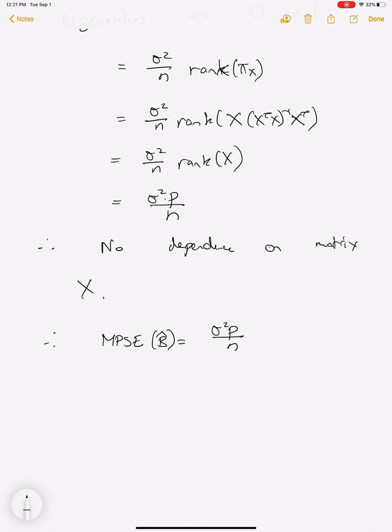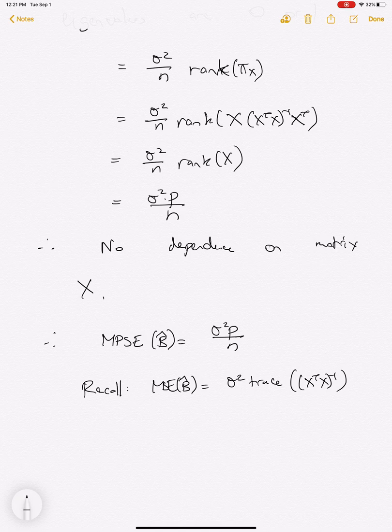And so, like I mentioned, for the b hat, we noticed that there was a term that depended on the correlation amongst the features, because we had an X transpose X in there. So recall the MSE of b hat: we had that this is a trace of X transpose X inverse.